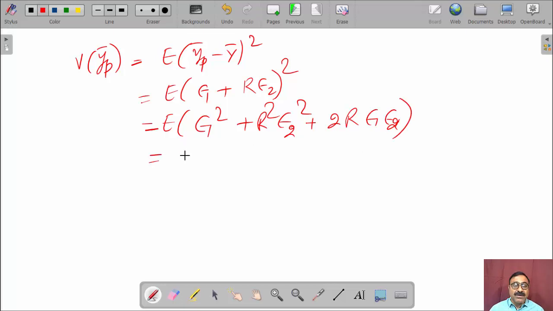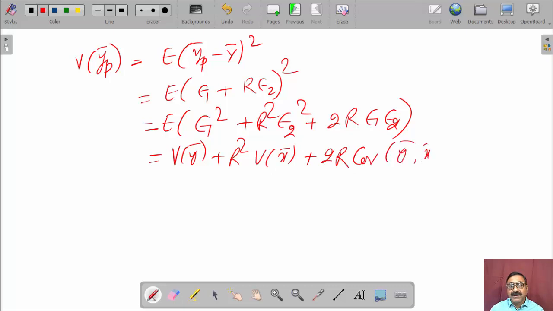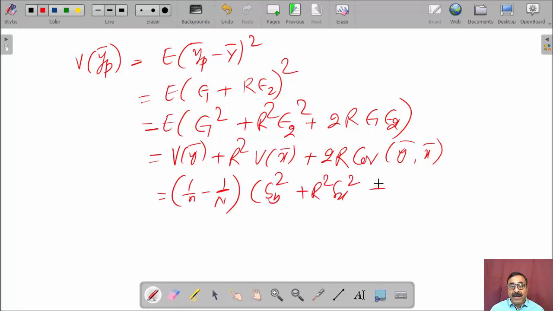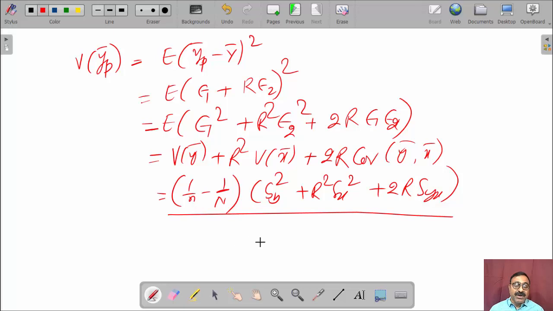So that is equal to variance of y bar plus r square variance of x bar plus 2r covariance of y bar, x bar. So this will be equal to 1 by small n minus 1 by capital N, sy square plus r square sx square plus 2r syx. Now this is the variance of the product estimator.